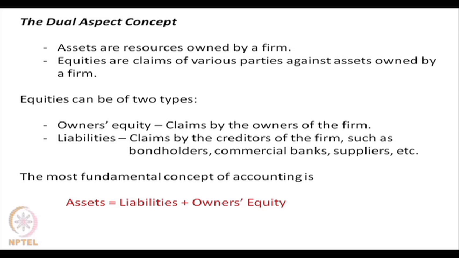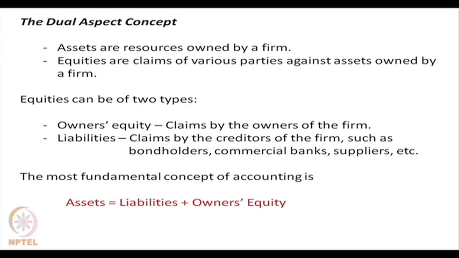Assets are resources basically owned by a firm, and the value of these assets as on today is equal to the liabilities that the company owes to its suppliers and other lenders, the outsiders, plus the owner's equities.